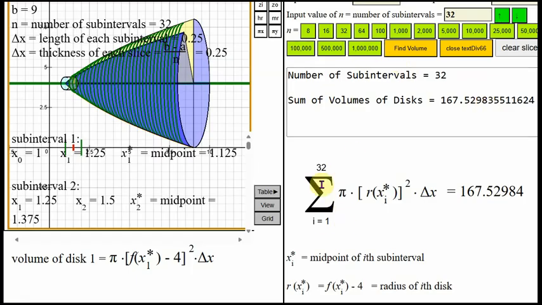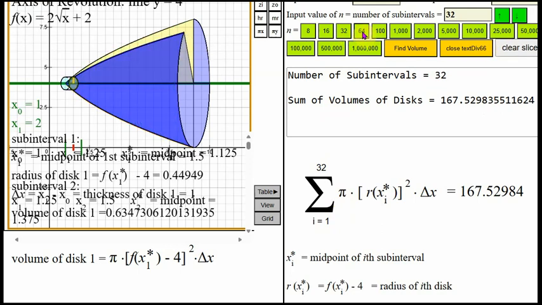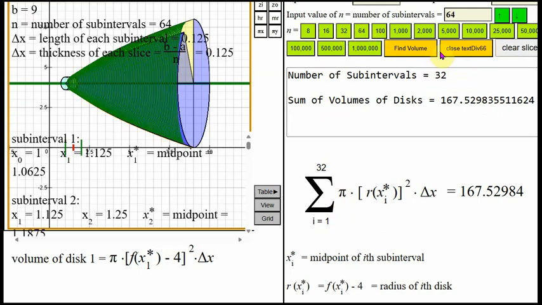And then i will go from 1 to 32. And then here is 64 slices. And then the volume of the 64 cylinders will be 167.5461.